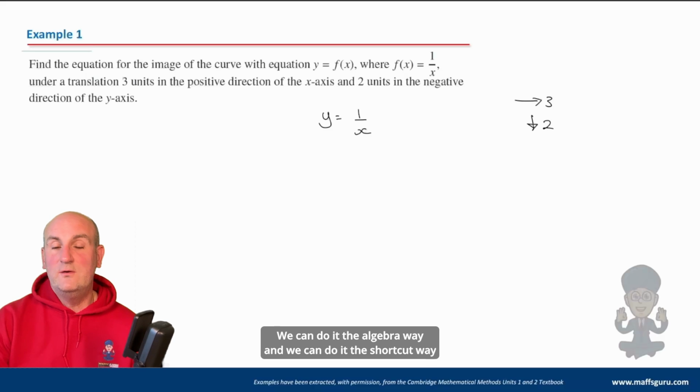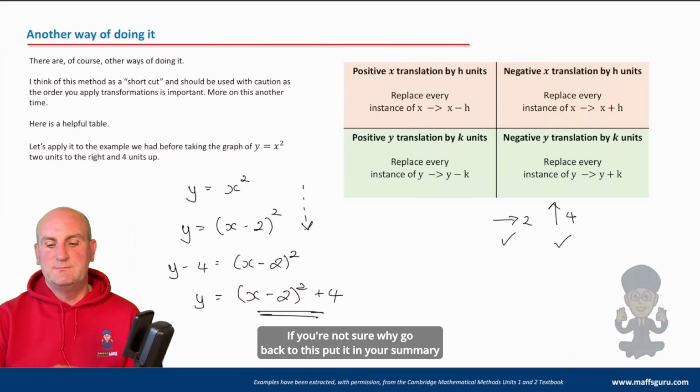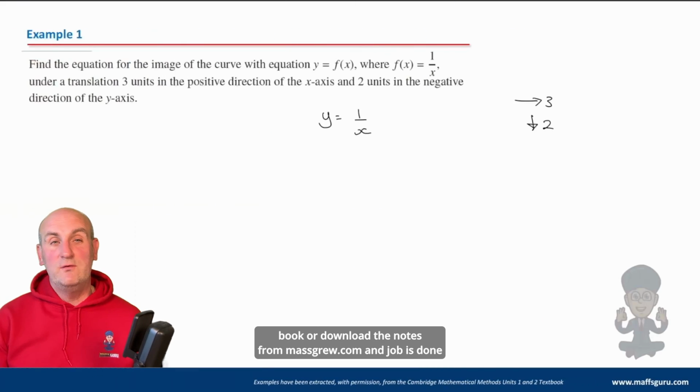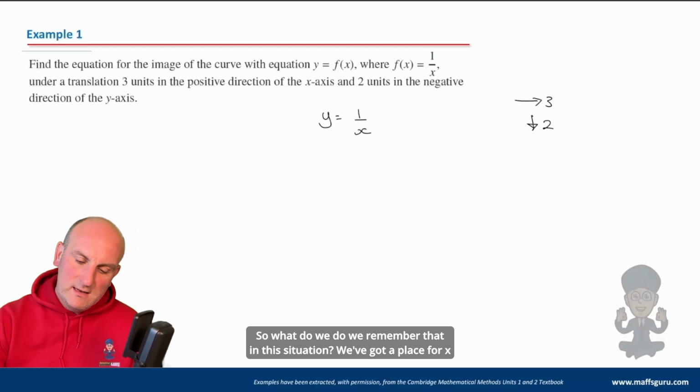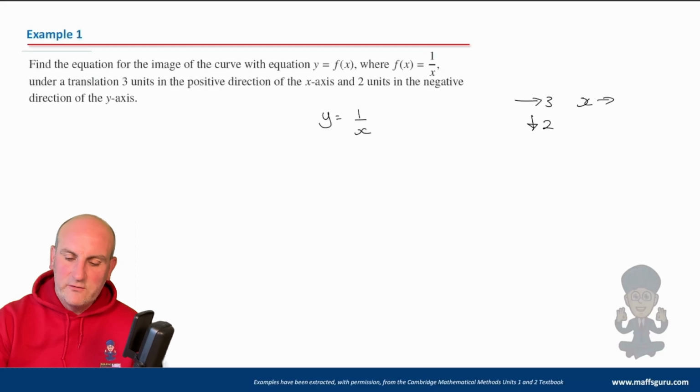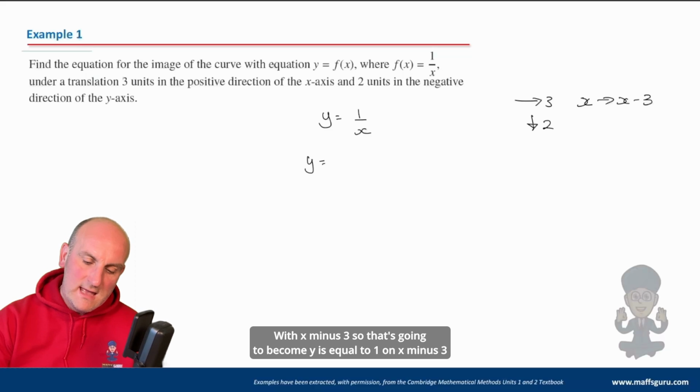Now, again, we can do it the algebra way and we can do it the shortcut way. So I'm going to show you the shortcut way first. Again, if you're not sure why, go back to this, put it in your summary book or download the notes from mathsguru.com and job is done. So what do we do? We remember that in this situation, we've got to replace x with x minus 3. So that's going to become y is equal to 1 on x minus 3.